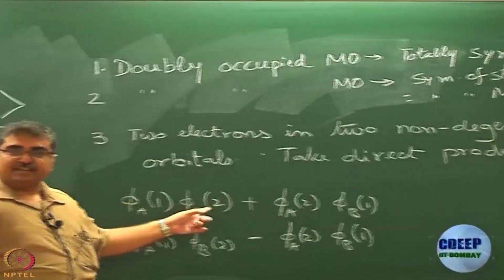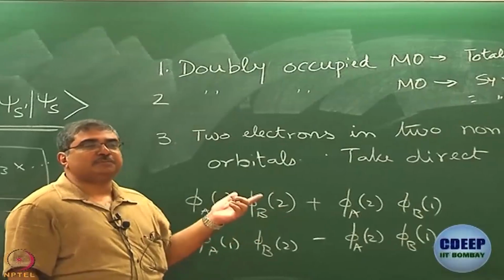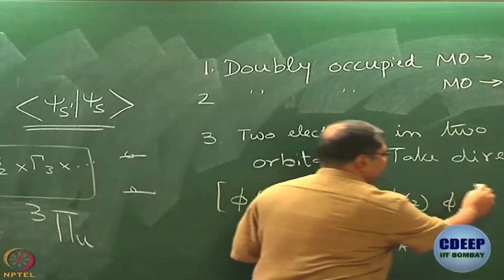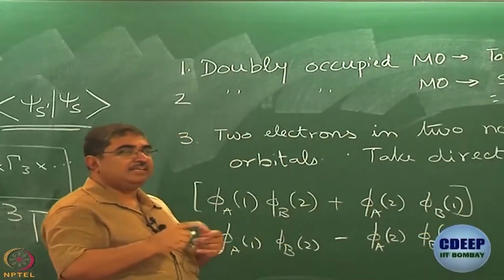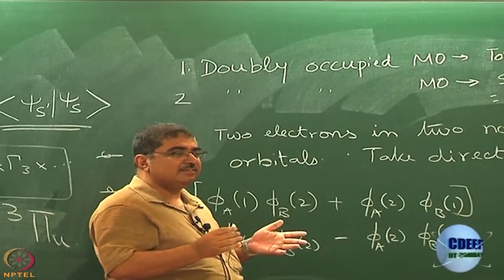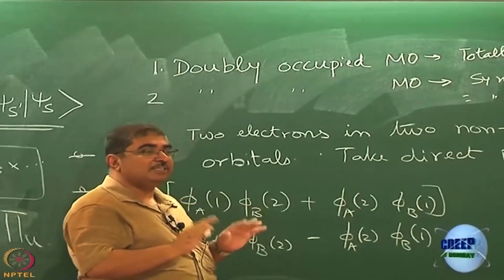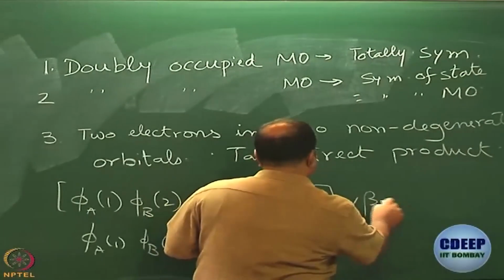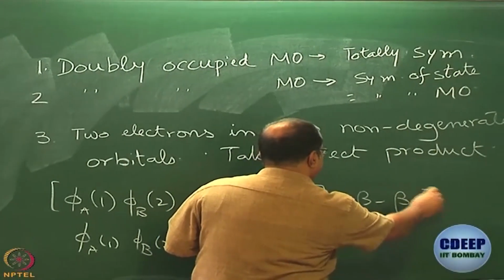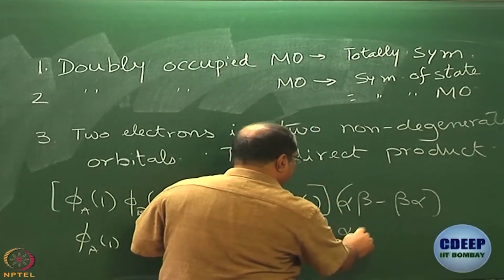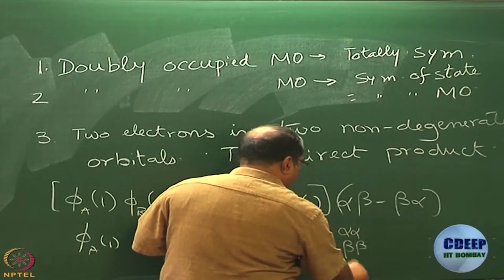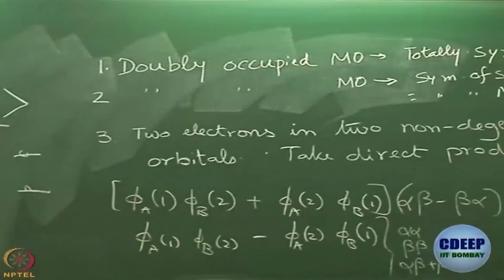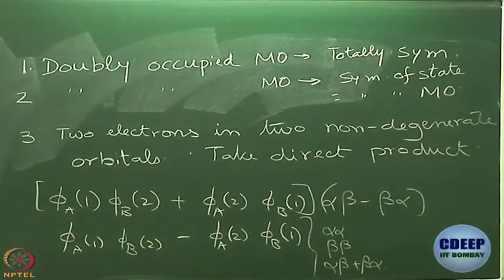This spatial part is symmetric. So, that will be associated with what kind of spin parts, symmetric or antisymmetric? Why? And that is, which rule is that? Pauli principle, not exclusion. Pauli exclusion comes from Pauli principle, right. So, this will be your alpha beta minus beta alpha, that is singlet, and this can be associated with alpha alpha or beta beta or alpha beta plus beta alpha, that is triplet, right. So, both are possible when the two orbitals involved are non-degenerate.